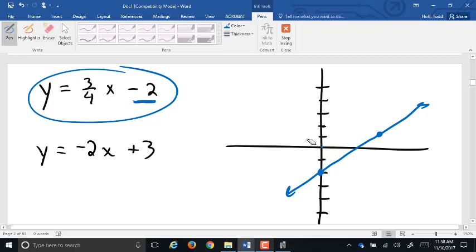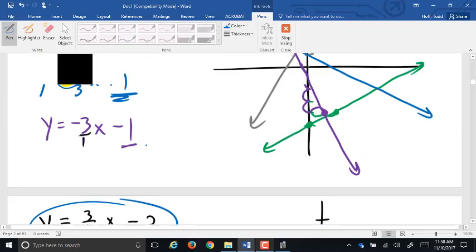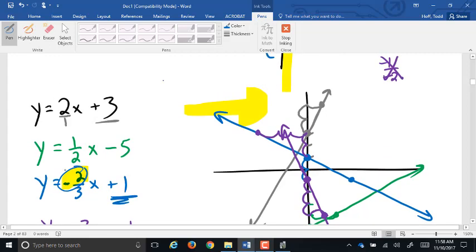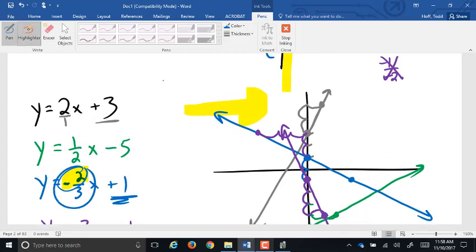Remember, if it's negative, either the rise can become negative or the run can become negative, but not both. So with like up here, where this was a -2/3, we could go from that 1, we could go down 2 and over 3, or we could go up 2 and back 3. Either way, it works out. But if it's a positive slope, it's always positive run.